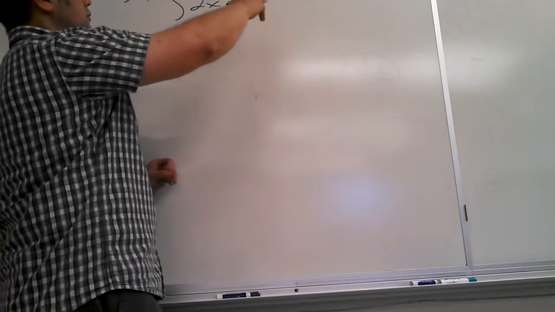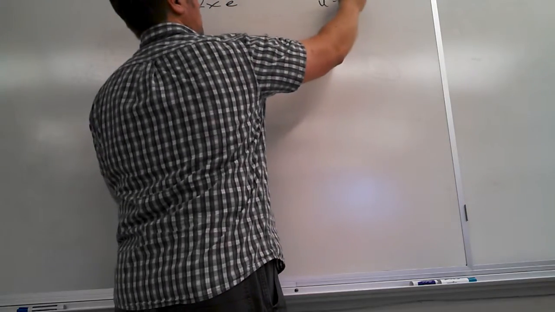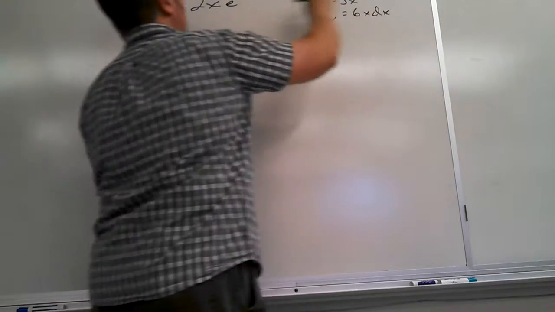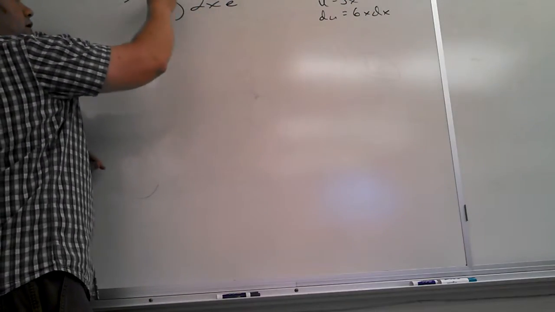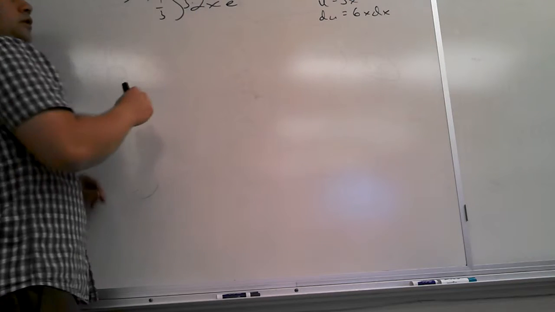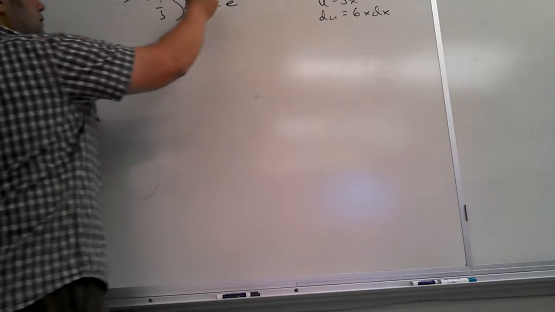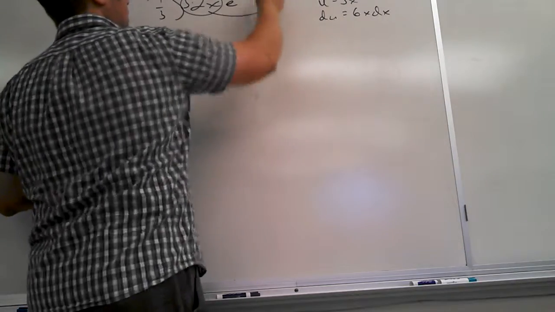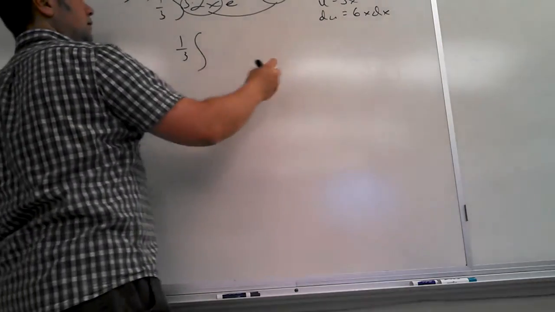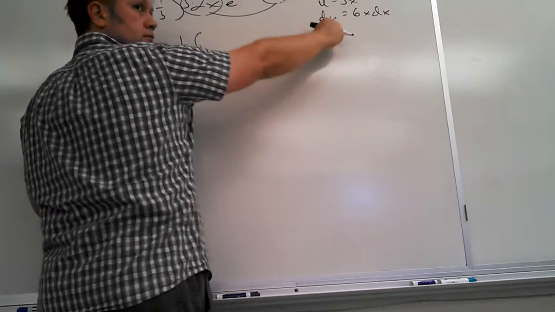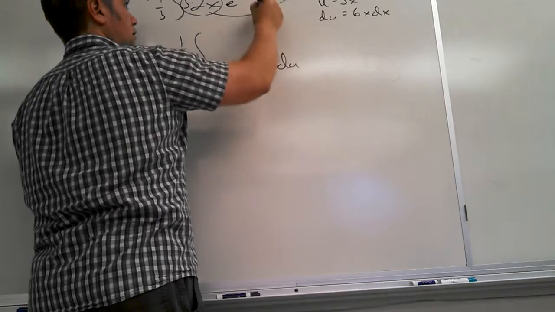So what would you let u equal? 3x squared. So du is... I'm missing a 3. I like it. So 1/3, 3. Okay, so this 6x dx is du, so that all gets replaced there.